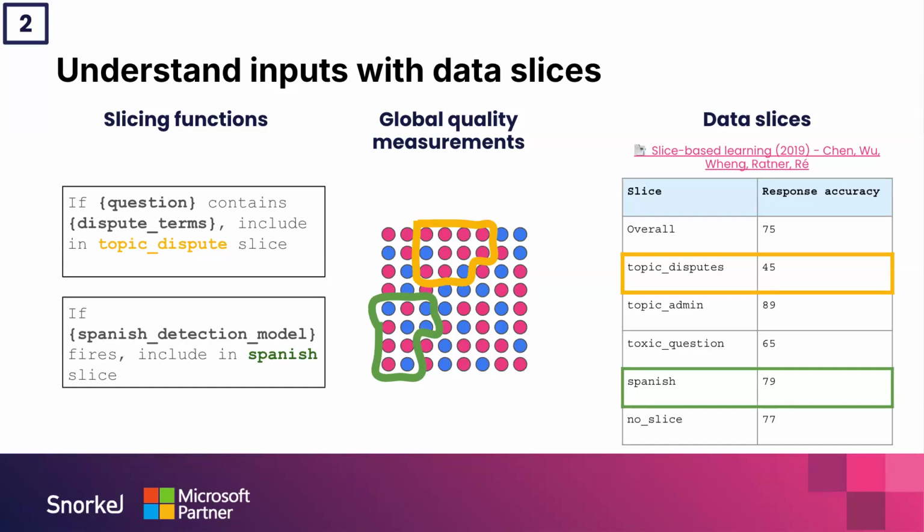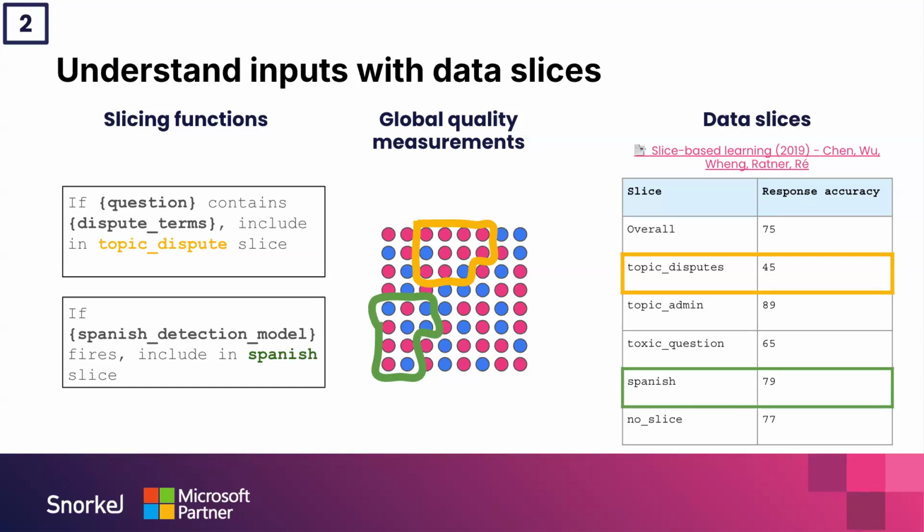So what we do with slicing the data is we label prompts. You have your set of 100 prompts, 200 prompts, however many prompts you need for your test set, and you label them as being in different kinds of tasks. In this example, we have disputes, administration, toxic questions, Spanish, and then no slicing overall.